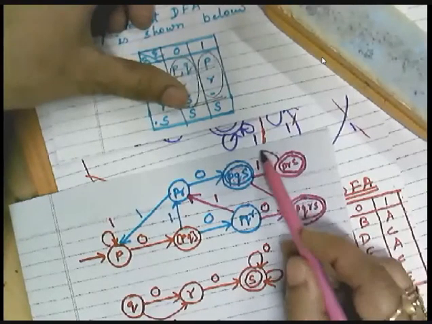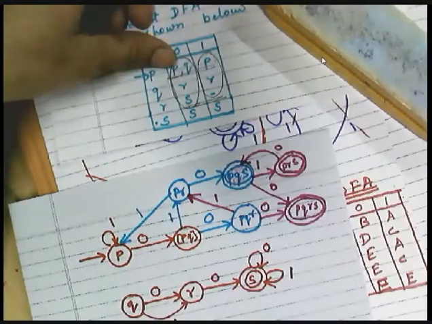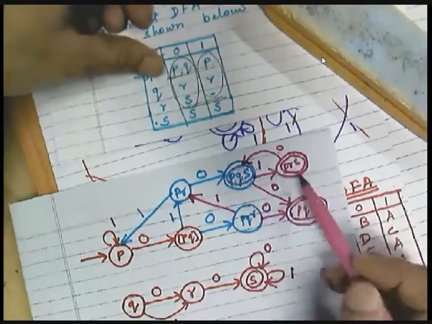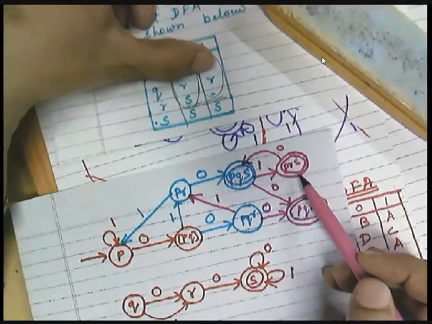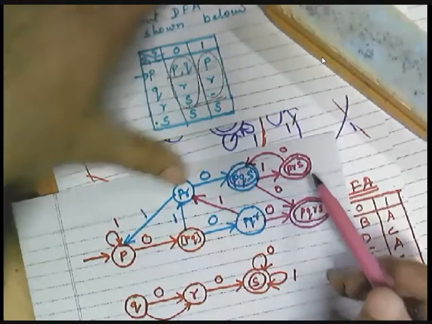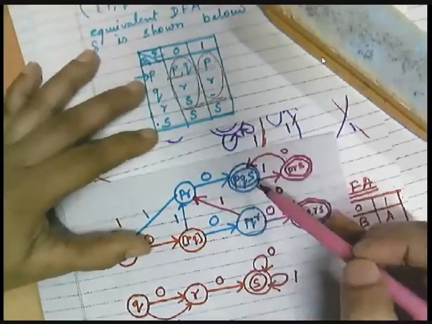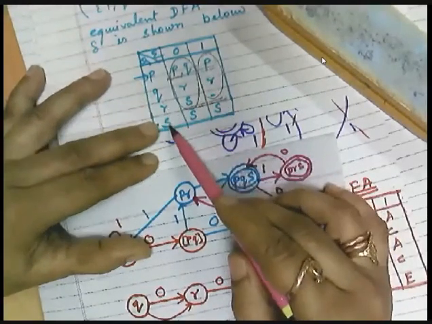PQS is available, yes. So it is 0, right? Next, PRS on 1 moves to P and S. PS is available. State PS. See, P, R and S.